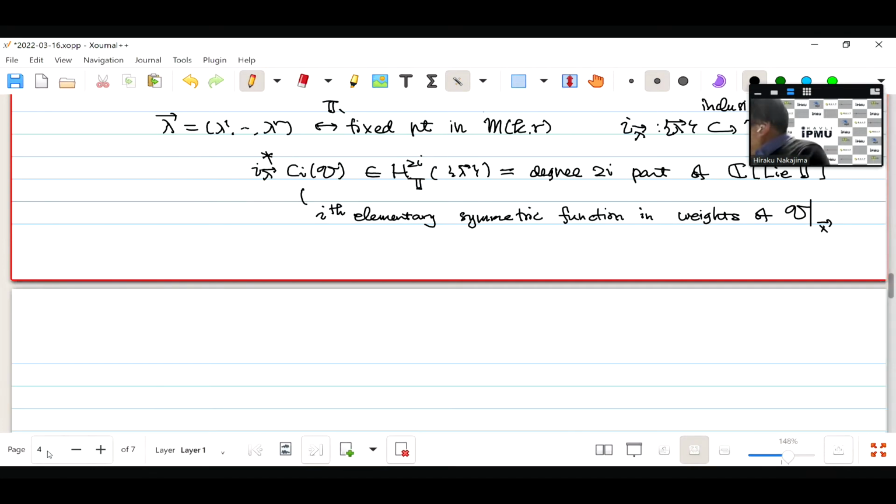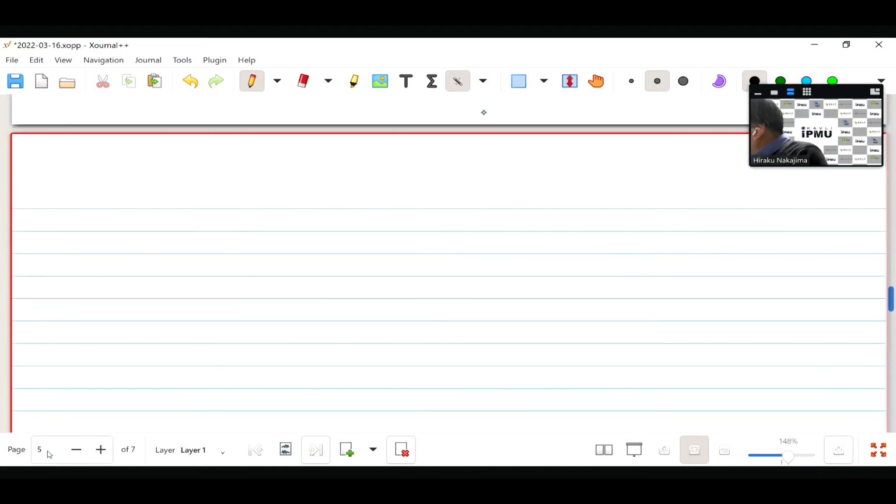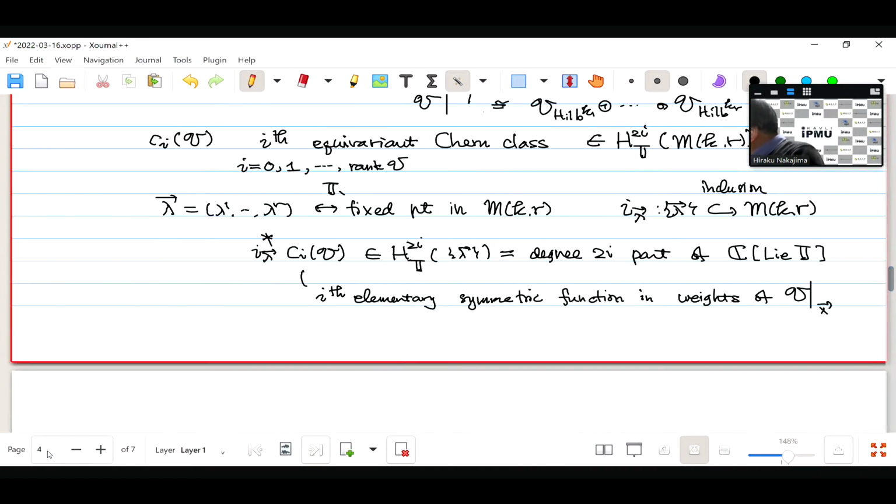So if you have a T-equivariant vector bundle, and if you restrict to a fixed point, this is a T-module, a T-representation.